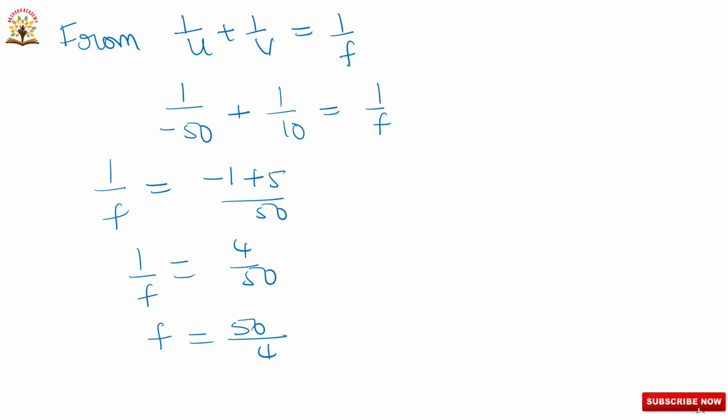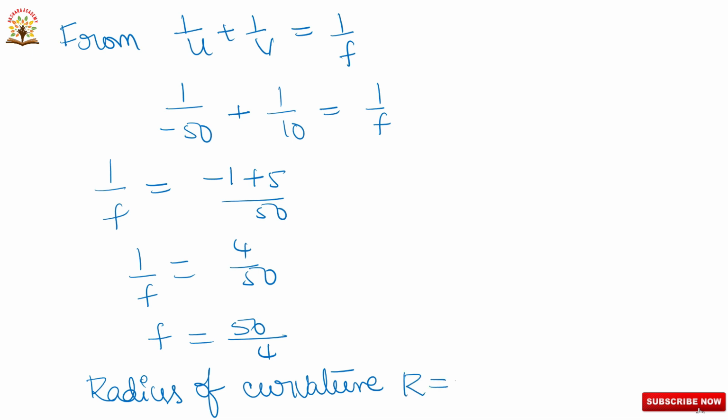So radius of curvature r is equal to 2 into f, that is equal to 2 into 50 by 4. 2 ones are 2, 2 twos are 4, so 25.